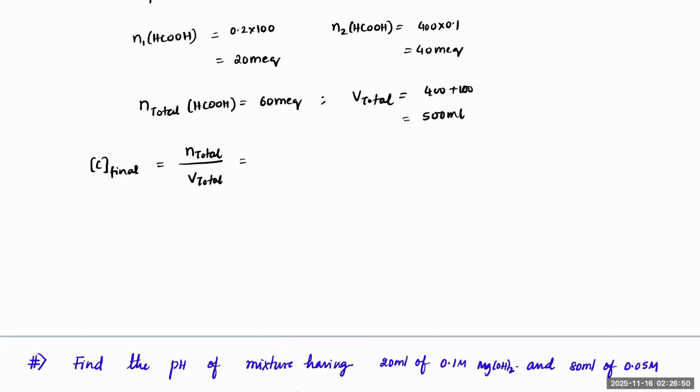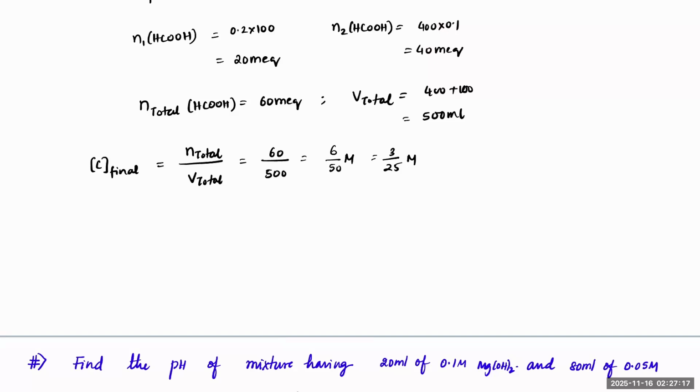That is equal to 60 milliequivalents by 500 ml, which is 6 by 50 molar. That is the concentration of the final solution of formic acid. Correct. So we can write it as 6 by 50 or 3 by 25 molar.